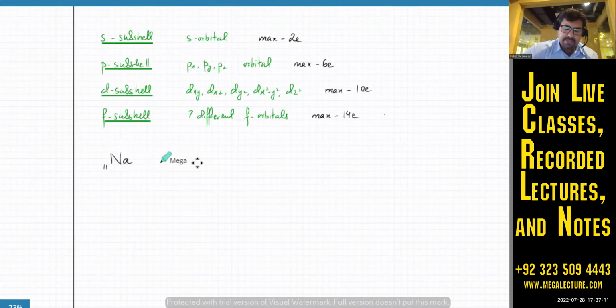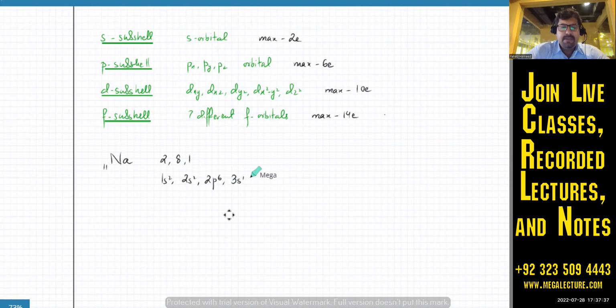It was 2, 8, 1, right? Now the electronic configuration is going to be written like this: 1s2, 2s2, 2p6, and 3s1. This is the way electronic configurations are going to be written.